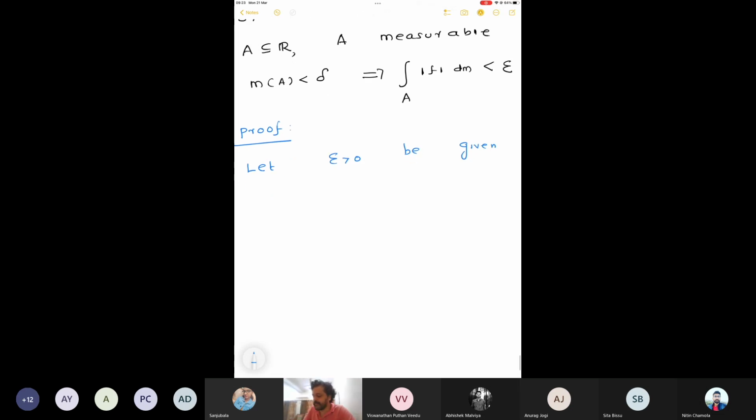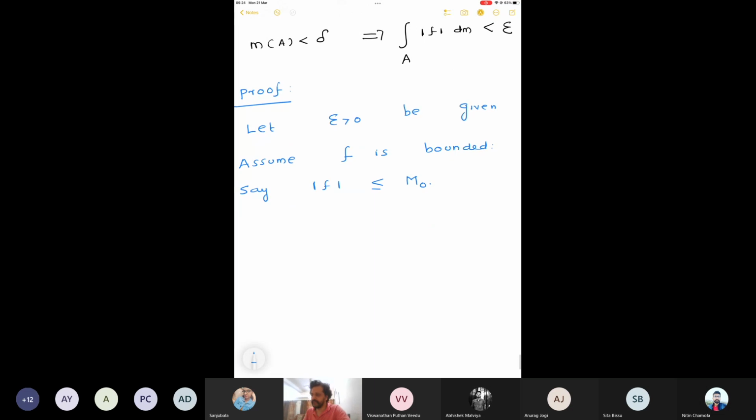Let us assume that f is bounded. This is an additional assumption not given in the hypothesis. Say modulus of f is less than or equal to some constant m naught. Okay, so I have to find integral over A of mod f dm. Then A is some set which is measurable.